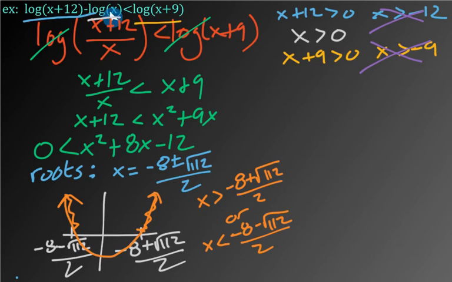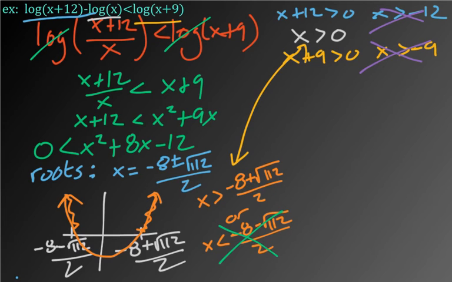But negative 8 in here is not going to work. So these ones don't work with that domain, so you have to throw these ones out. Then it really makes the whole checking process easier, because now you're just checking this and this. And so you can also see that you need to check out the negative stuff. If you do negative 8 minus something, it's going to be more negative. That's a negative number for sure.